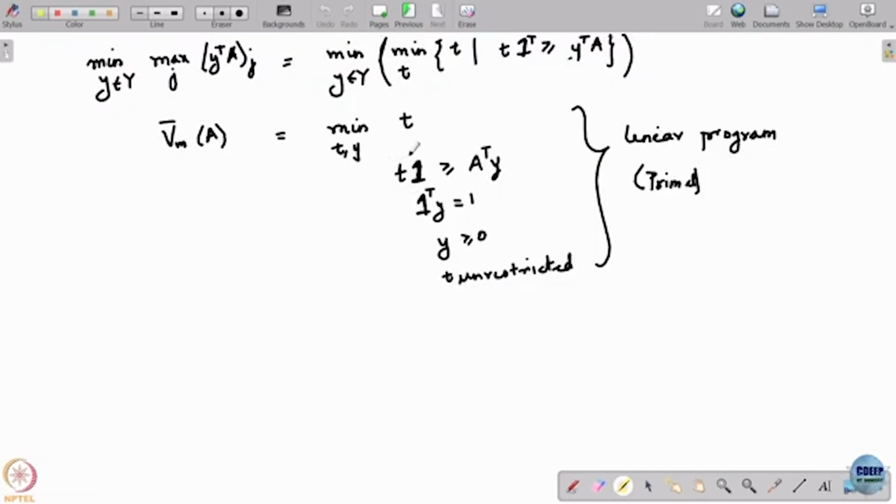Okay. Now let us look at the constraints. Let us look at the equality constraint first, 1 transpose y equal to 1.